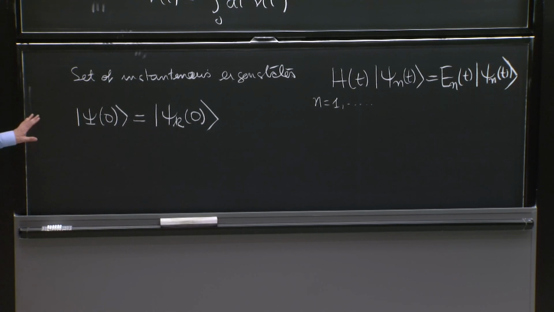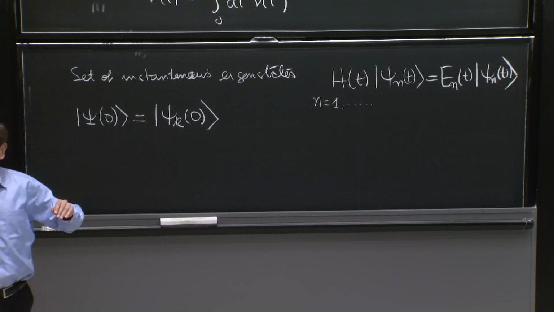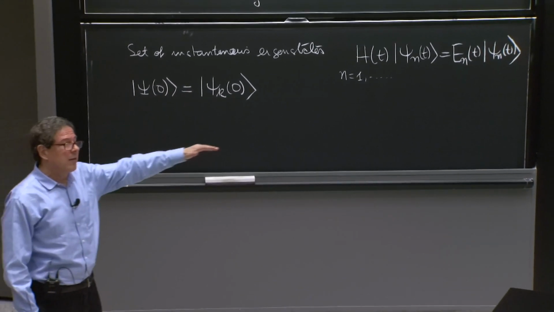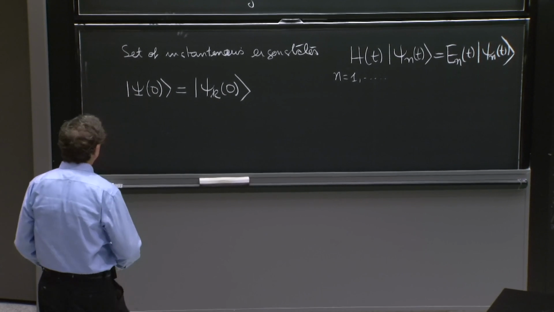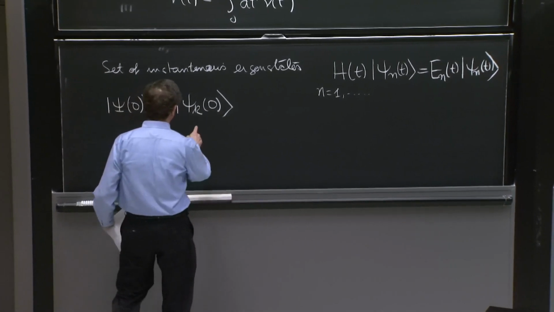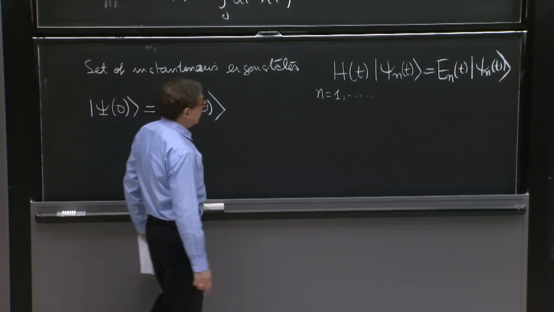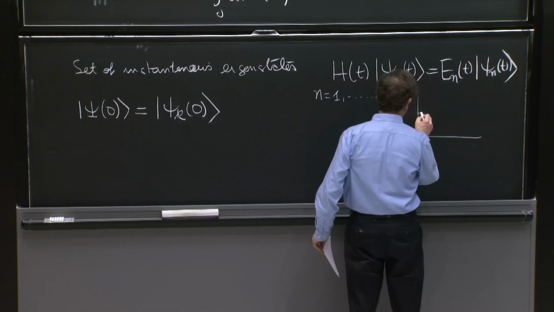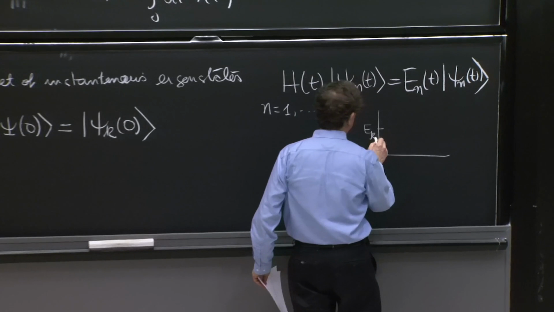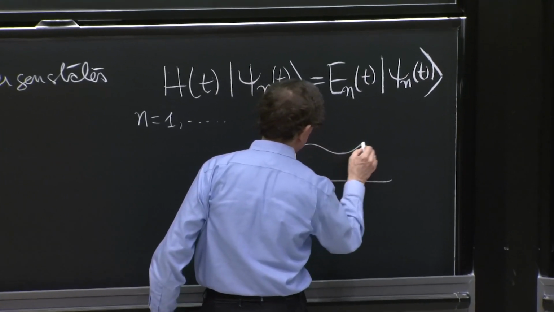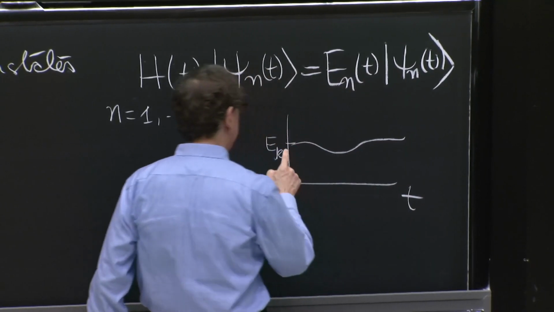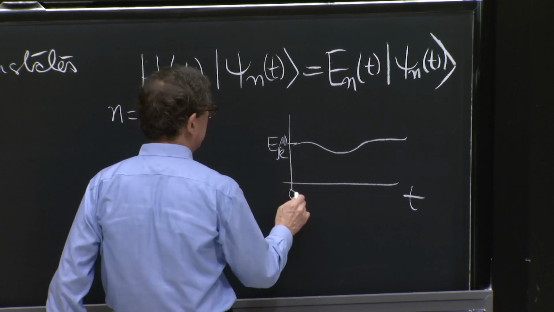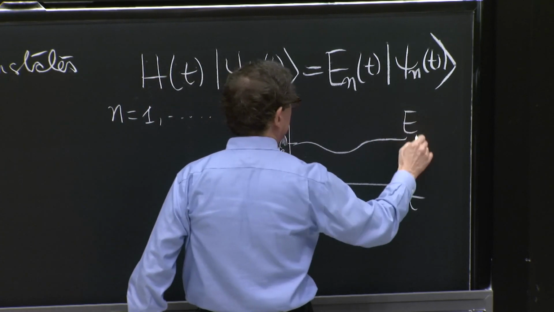Now, you look at this and say, okay, when is the adiabatic result that you're going to stay roughly in that energy eigenstate going to be true? This is going to require that as you have the energy Ek as a function of time, here is the energy Ek as a function of time.